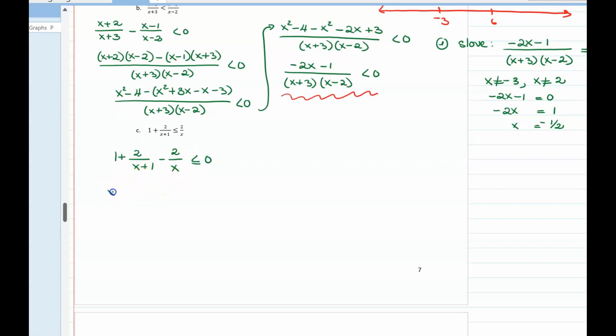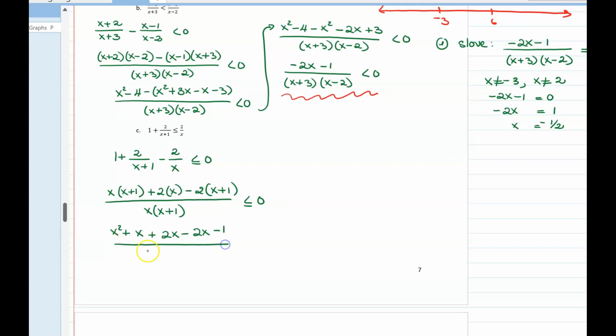Simplify the left-hand side. Okay, so now we will solve this equation.